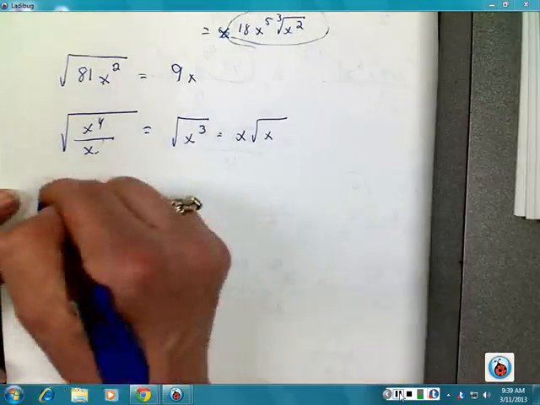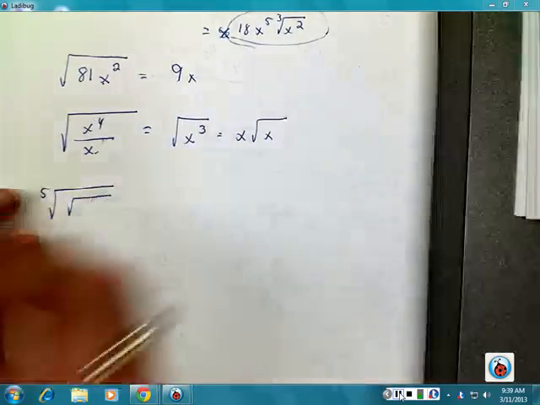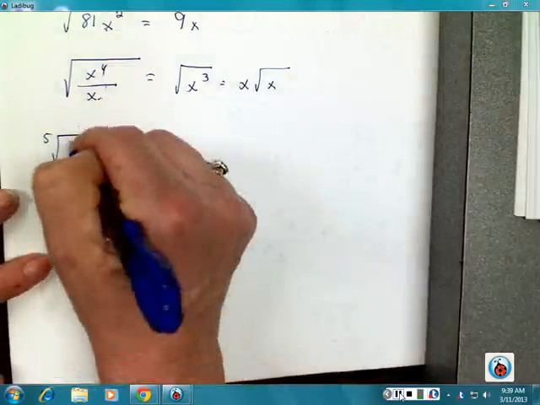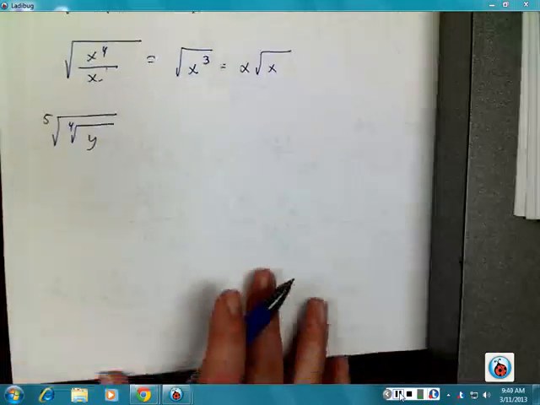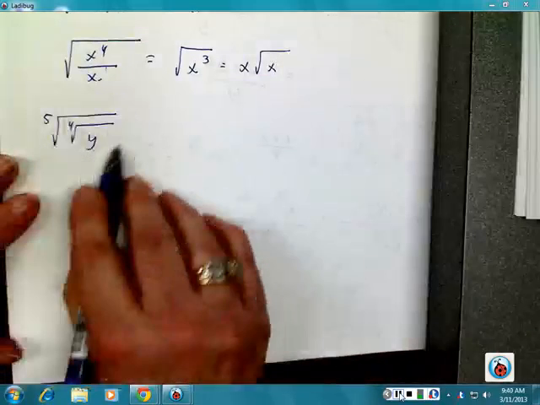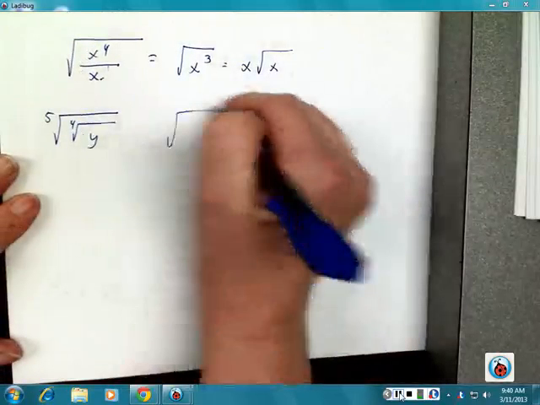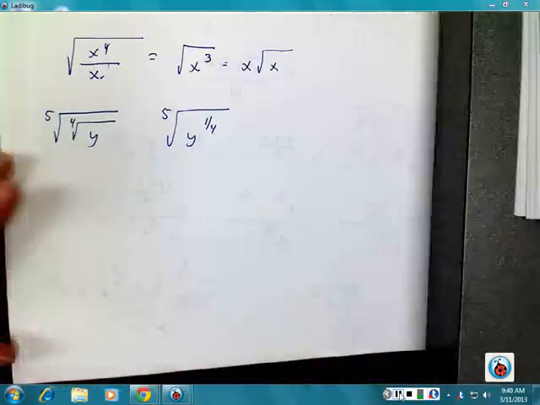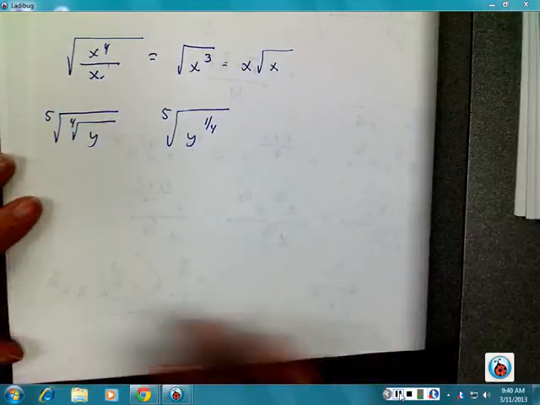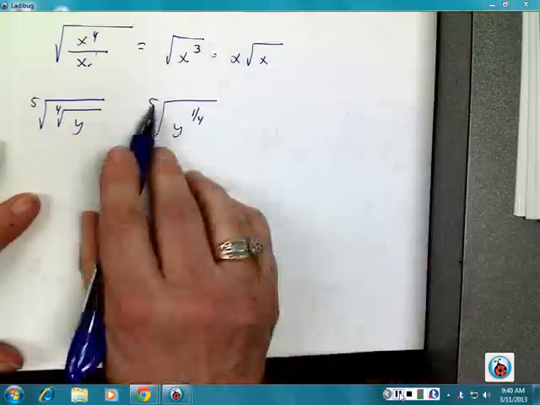Another one is they put a radical inside of a radical. What in the world does that mean? Well, if I turn this into fractional value, it means I have the fifth root of y to the 1/4. And what does that mean if I turn it around?